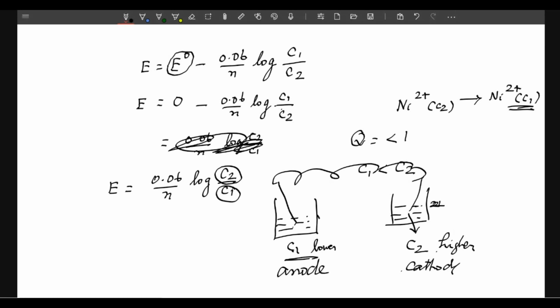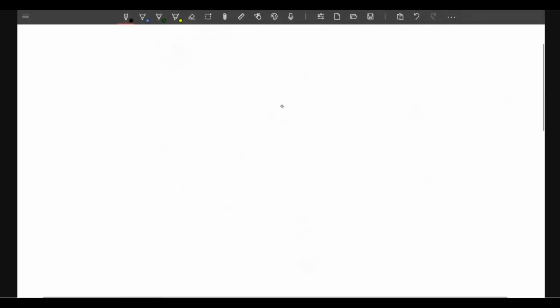In the previous electrode case, it was P1 by P2 or A1 by A2, A1 in the anode, A2 in the cathode. Just inverse. Don't get confused while working the problems. Having done this introduction to the concentration cell, now we are going to do some problems on concentration cells.